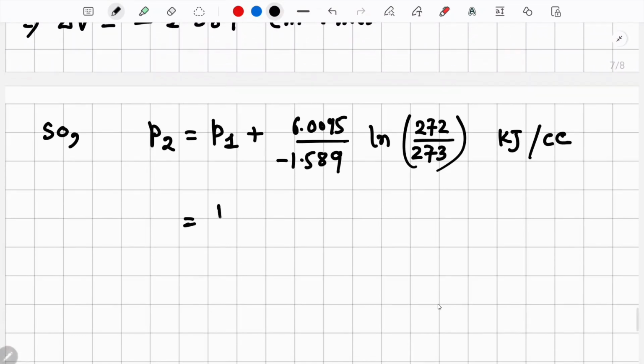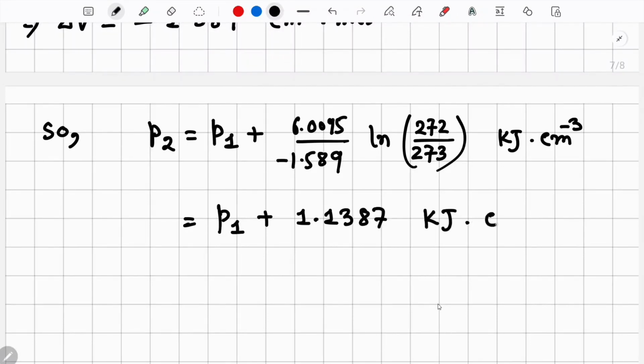Let's calculate it. 1.1387. Kilojoule. Total answer. Kilojoule per centimeter cube, right?